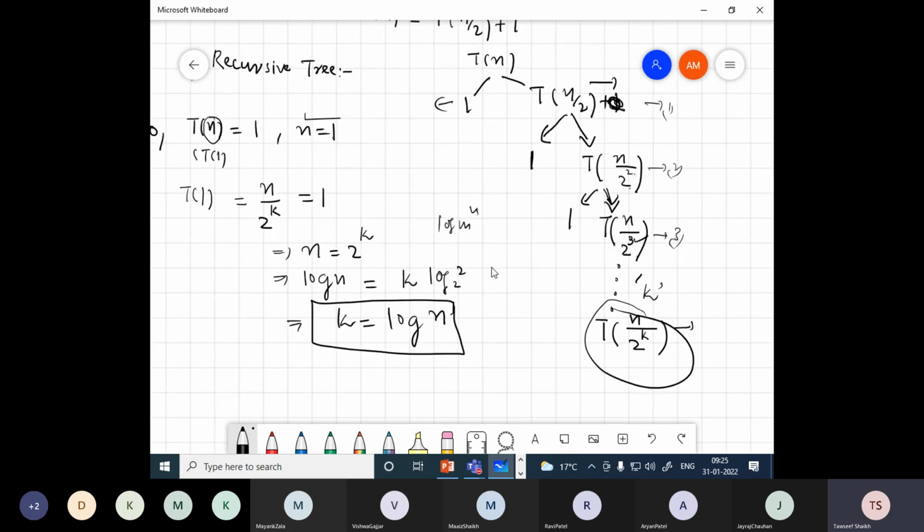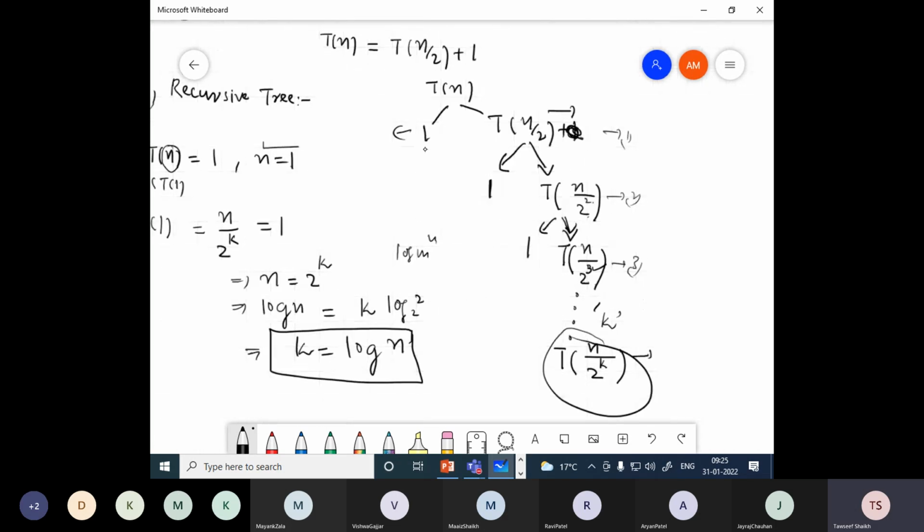Now if I see how many program steps it will have, here it is 1, 1, 1, 1, 1, 1, and the number of program steps in the whole program will be k. Because 1 plus 1 plus 1, it will be n or k, whatever you denote it. So the total t of n of this program will be k into 1. One is the program step it takes to print the value, and how many times depends upon k, the number of iterations.